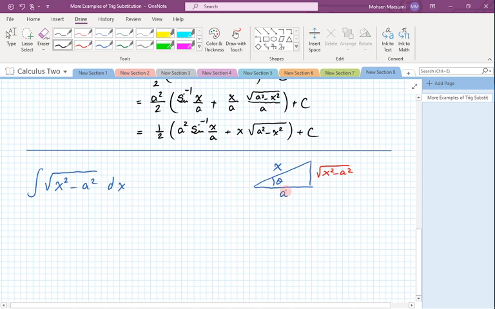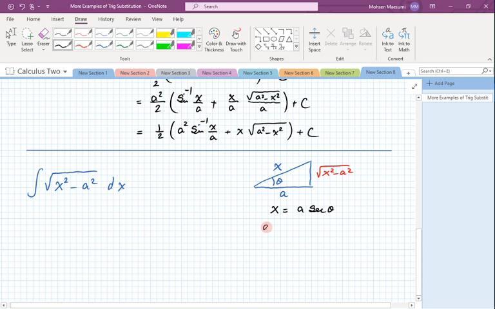So x is of course a secant of theta, or you can say cosine of theta is a over x, or secant of theta is x over a, and therefore when you multiply by a you'll have x equal to a secant of theta.